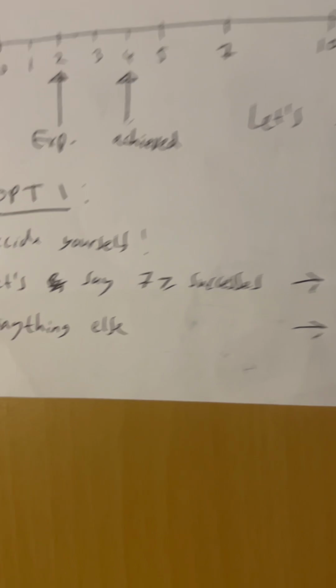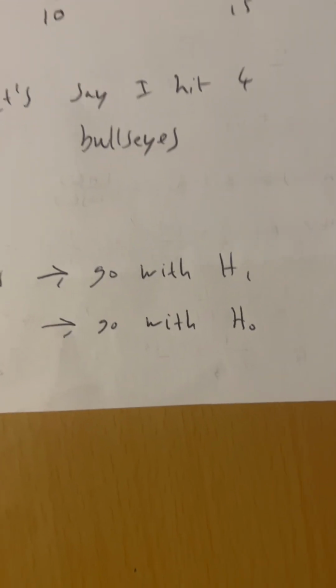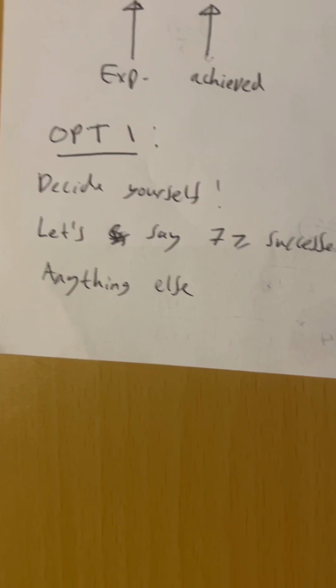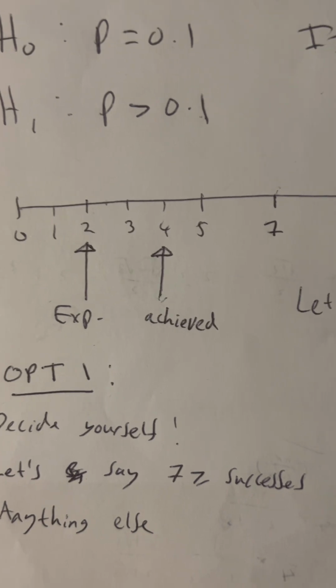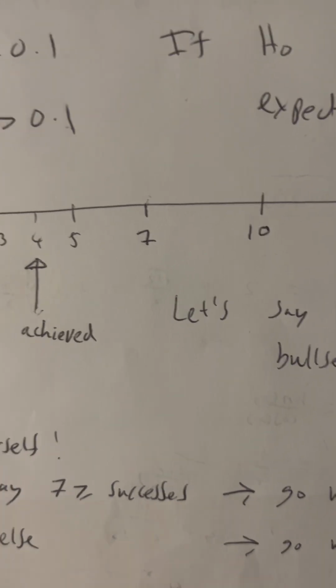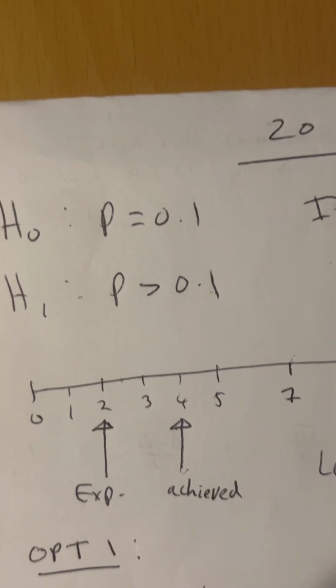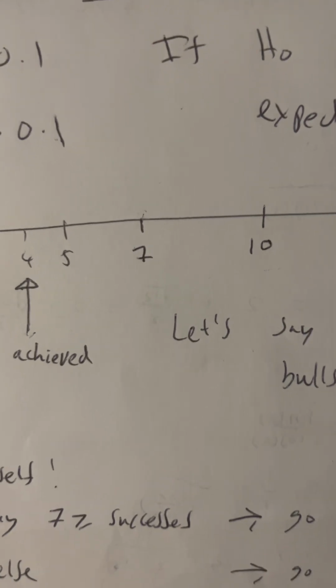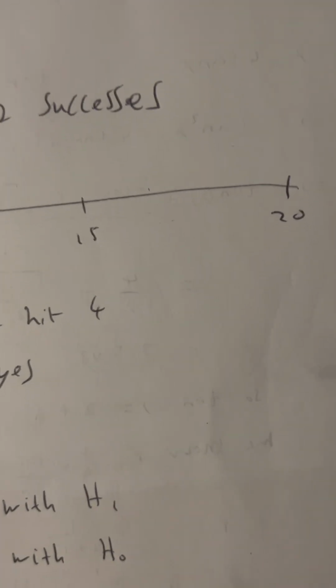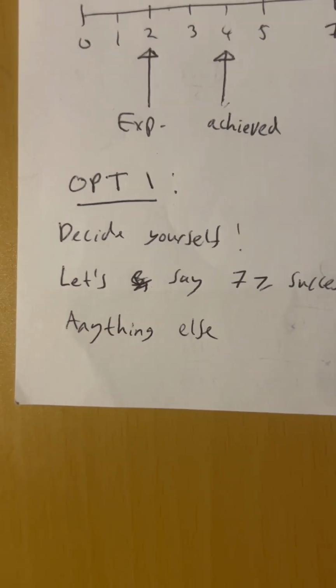Let's say that 7 or more successes means that we go with my conclusion, but anything else, we go with the government's conclusion, right? So in this case, I only got 4 bullseyes. I didn't quite get 7 bullseyes, right? So I'm going to have to stick, unfortunately, with the government's H0, right? Because I chose that 7 or above was going to be the set of numbers that would make me reject H0.